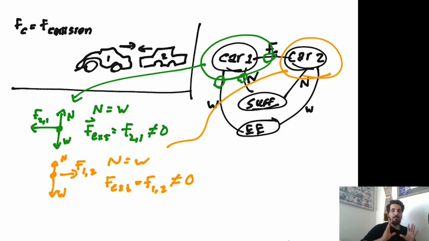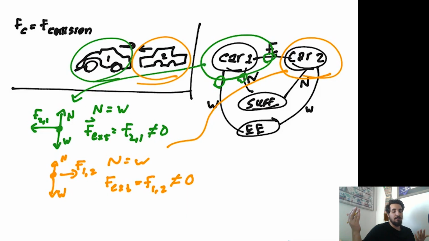So when we define our systems as each car separately, if we define our system as being just the left car, we do not have a closed system, meaning momentum is not conserved. Car 2 would have the external force of car 1 pushing on car 2, meaning it is not a closed system, meaning the momentum of car 2 changes.